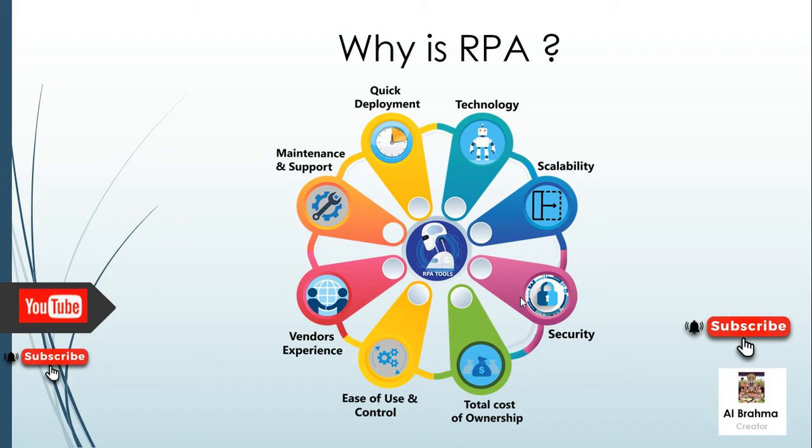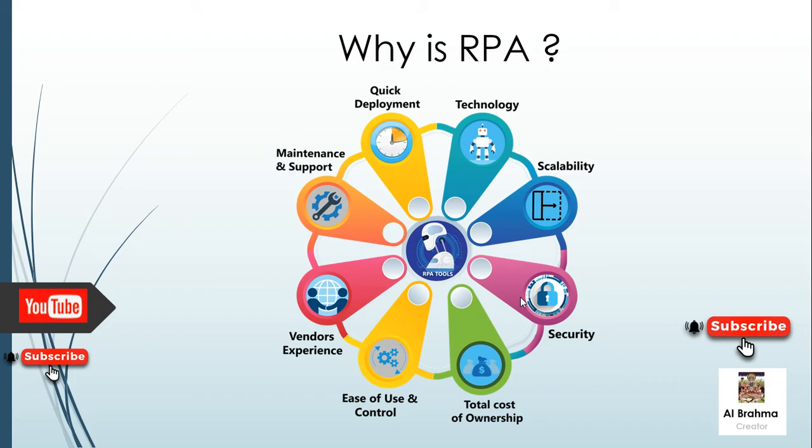Okay, the next thing is quick deployment. If maintenance and support is easy, there is no coding, and dependency is very less. Whatever you have, for example, you have a SAP system, the same system we will use for the automation. RPA doesn't need any other technologies.